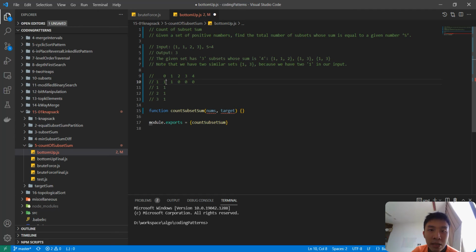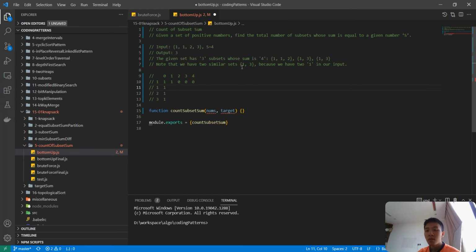So combining two smaller problems, which is either take one or skip one, for each case we can find one subset.